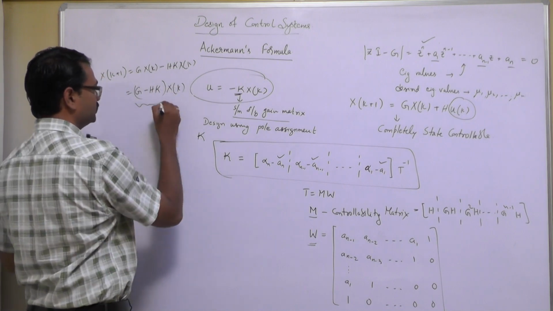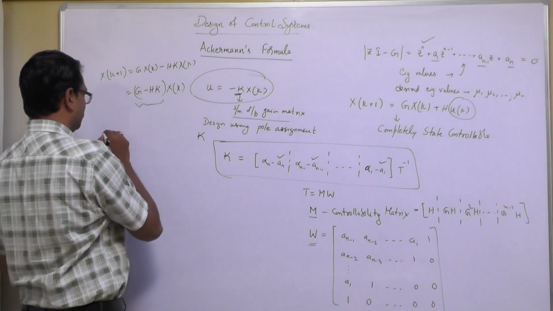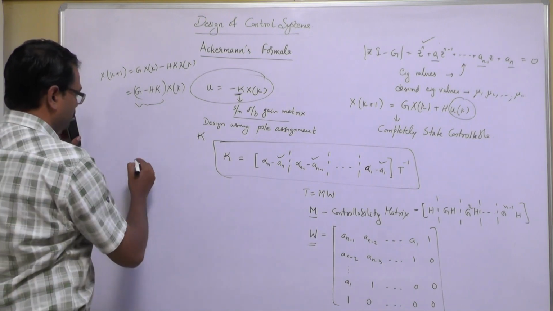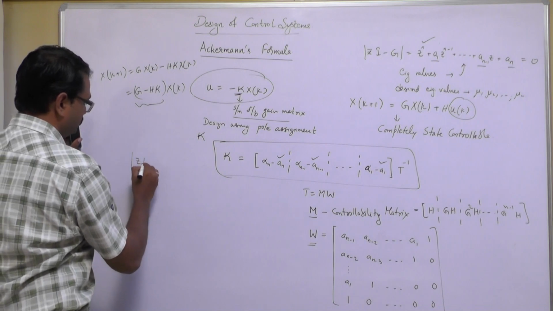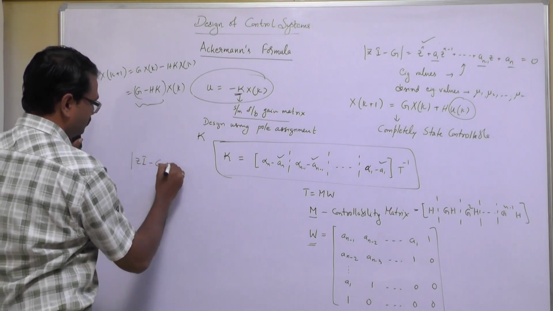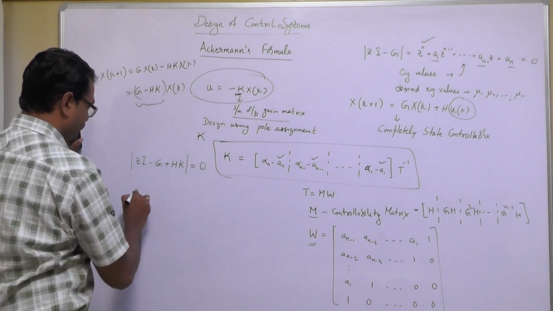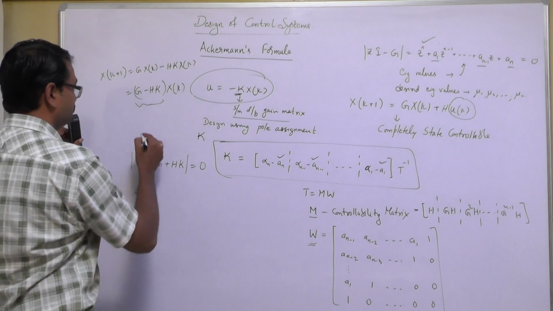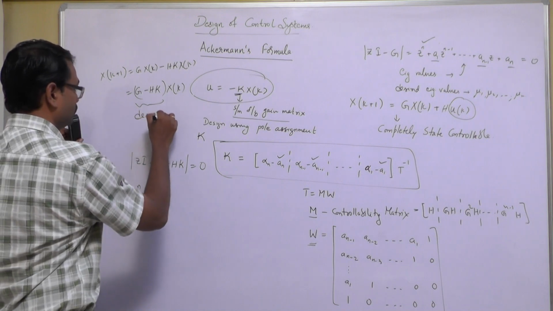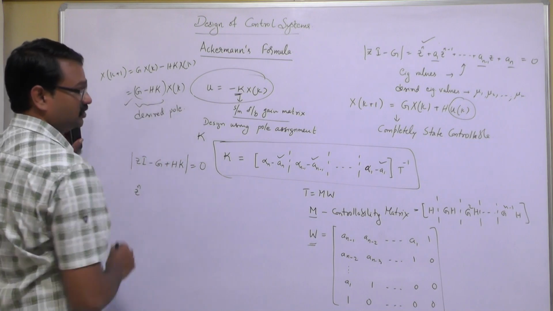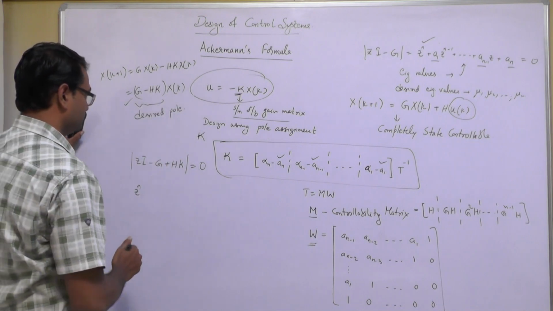Now this is again another matrix, and the characteristic equation of this system is the determinant of zI minus G plus HK. We can write this in terms of the desired pole locations; this matrix is obtained from the desired pole locations.